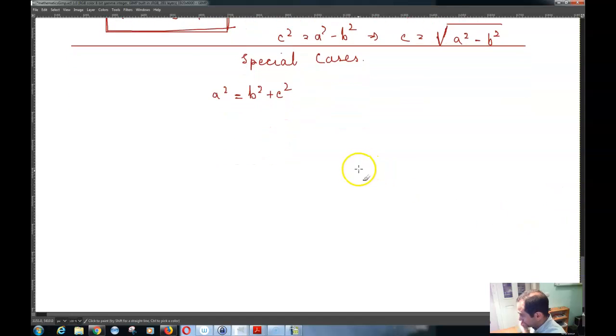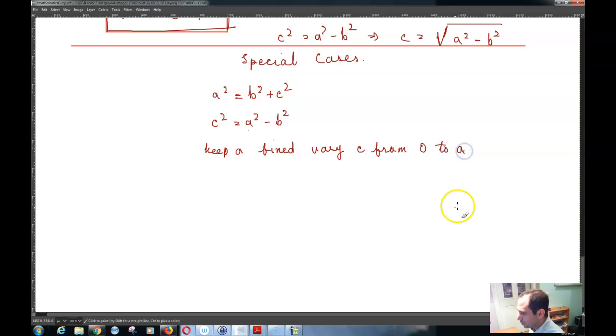If you rewrite this equation as c squared is equal to a squared minus b squared, now if you keep a fixed and vary c from 0 to a, meaning that suppose that you have this ellipse over here, and you keep your a fixed, meaning that you don't change your a over here.